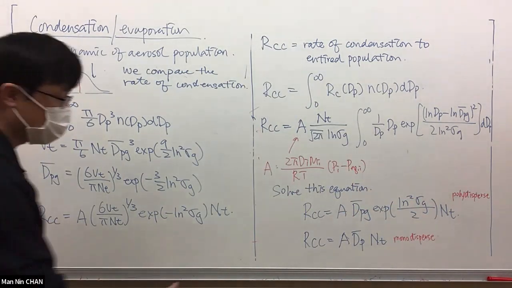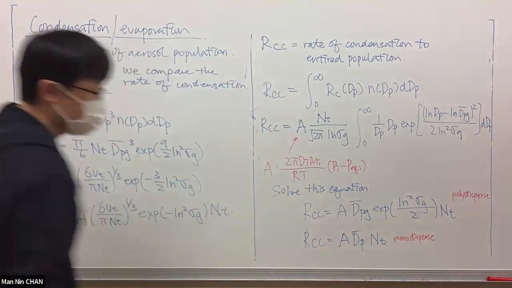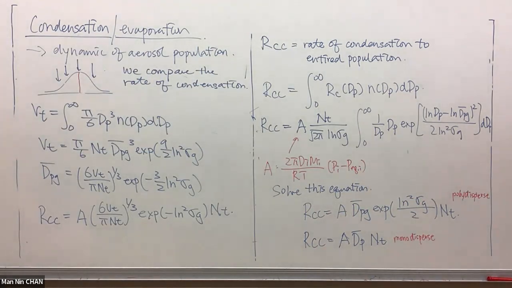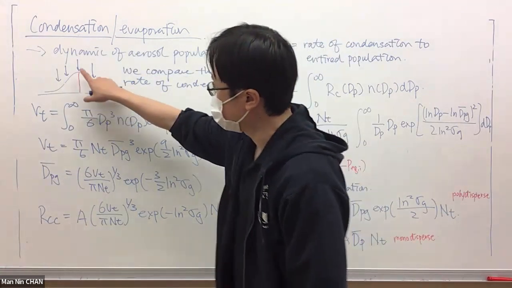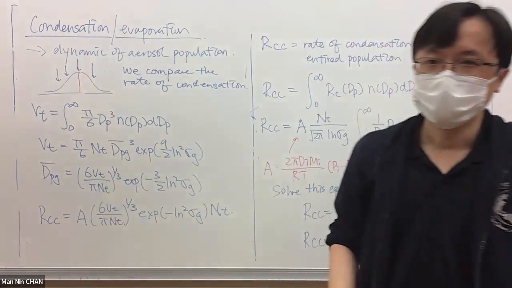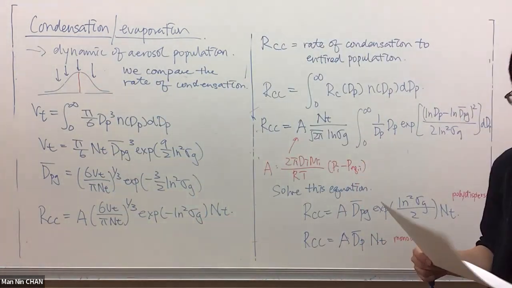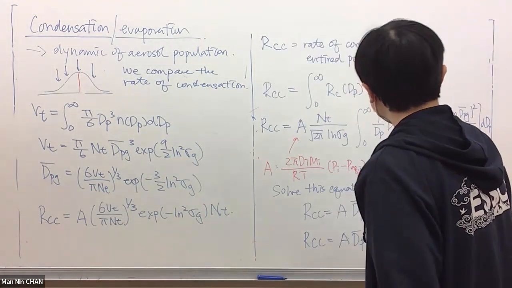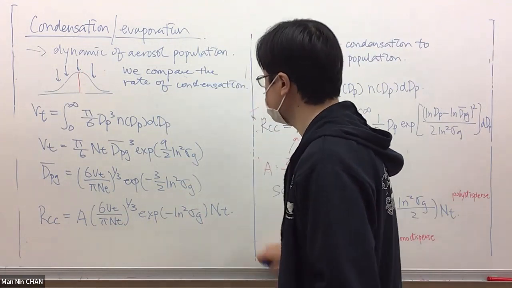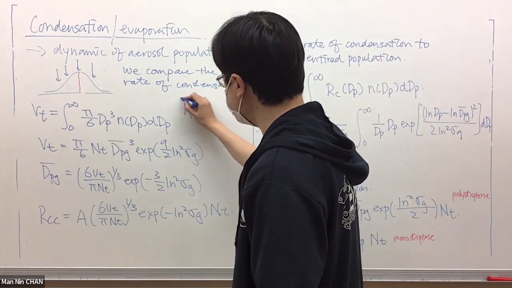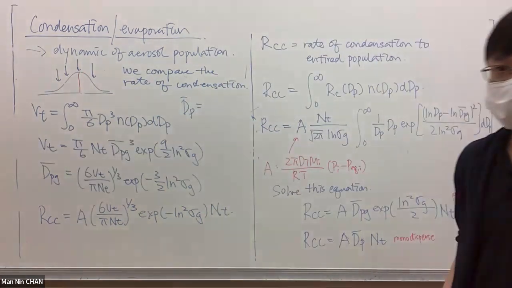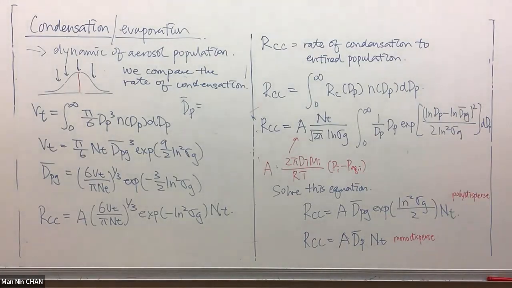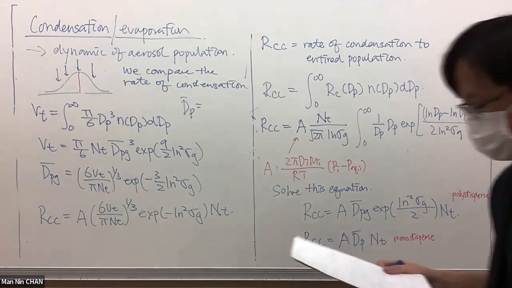So now I want to have another term here. So this is LC if I'm monodispersed. So if you remember, for a monodispersed particle, that means I only have a single size. So then you can also argue that my median diameter is just the total volume divided by the number concentration.